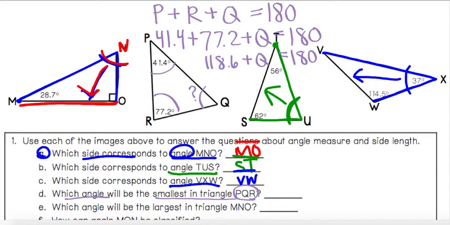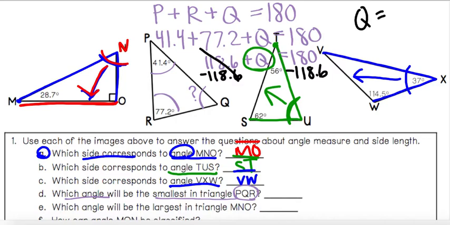Okay, now this is a one-step equation. I want to get Q all by itself, so I am going to subtract 118.6 from 180. I do that on both sides. That cancels, leaving me Q is equal to 180, subtract the angles that we know, which is 118.6, and it equals 61.4 degrees.